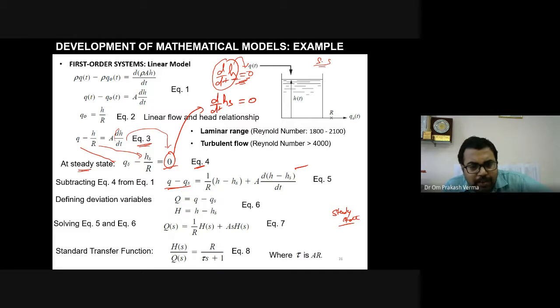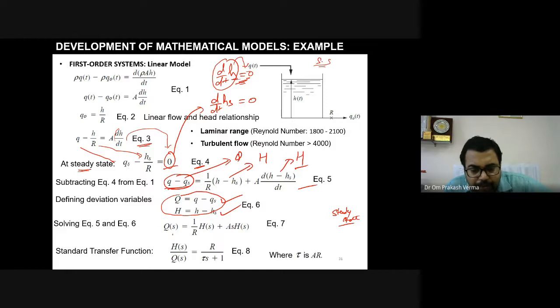So Q minus Qs, H minus Hs by R, and A into d by dt of H minus Hs. So there is a deviation variable now. We are defining capital Q as Q minus Qs, and capital H as H minus Hs. Just we have defined. And taking the Laplace.